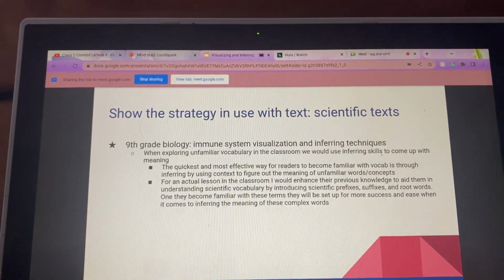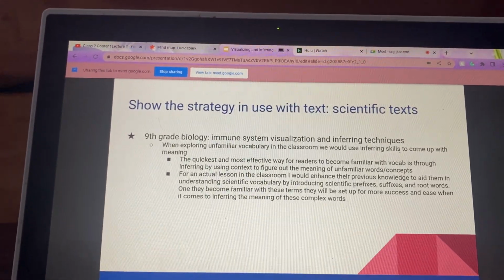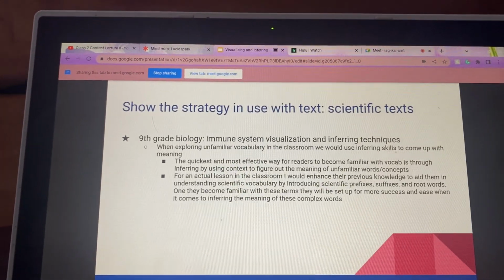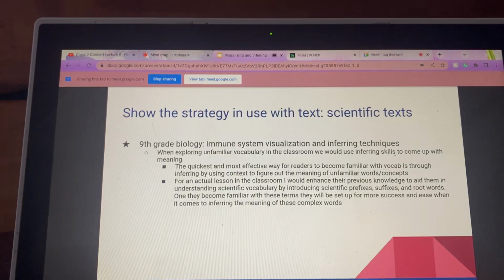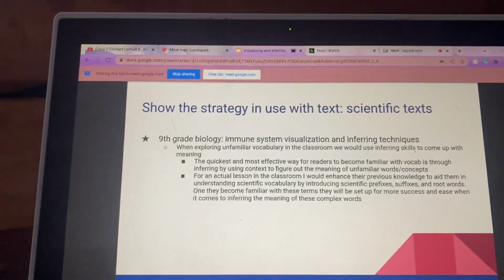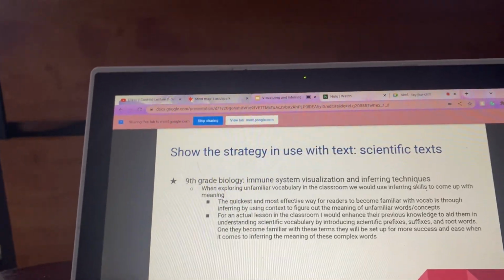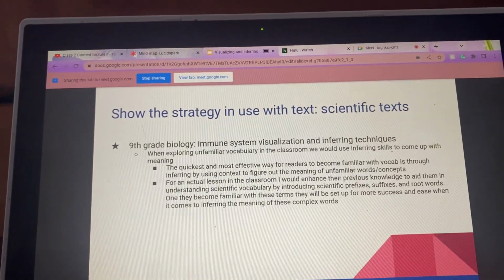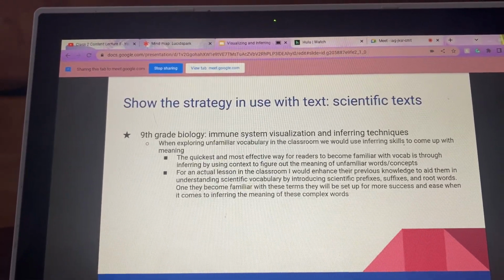For example, scientific words are very lengthy, but they have a lot of prefixes, suffixes, and root words. If I can set them up for success by showing them and getting them familiar with these root words, it will make their inferring with these definitions a lot easier. So in an actual lesson in the classroom, I would enhance their previous knowledge.